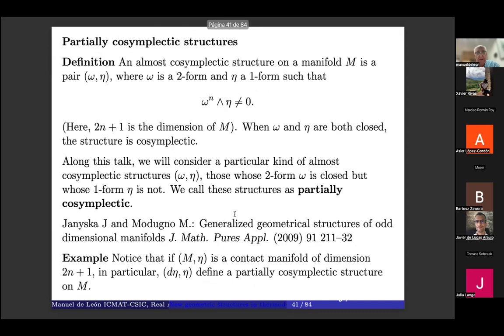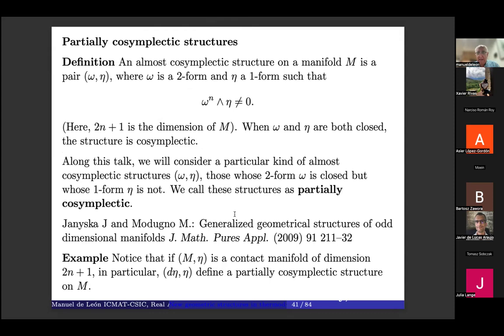Okay, so we introduce this generalization of cosymplectic structures, almost cosymplectic. Of course, we know that an almost cosymplectic structure is a manifold with two forms, omega and eta, such that eta wedge omega to the n is a volume form, and if omega and eta are closed, we have a cosymplectic structure.